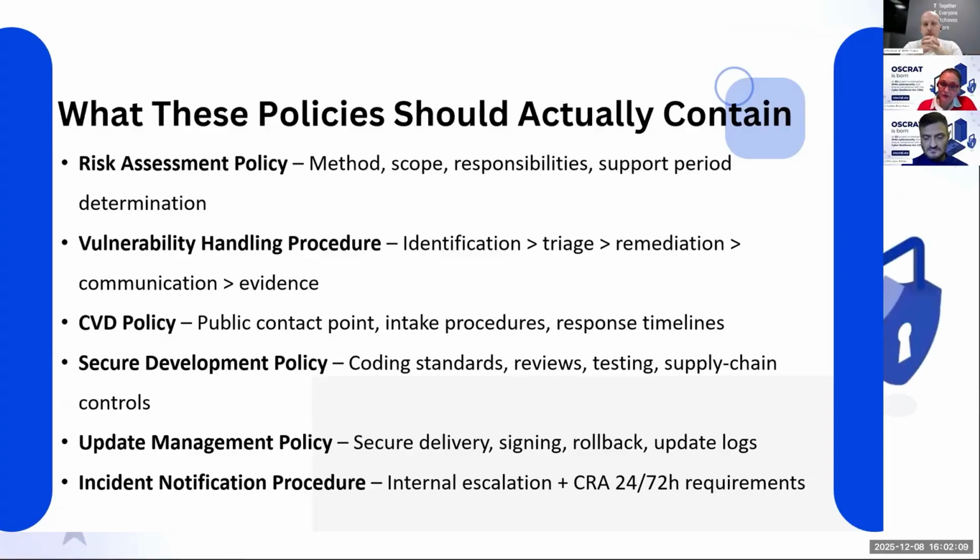An update management policy must contain secure delivery, signing, rollback, update logs, and finally an incident notification procedure. Usually policies turn regulatory obligations into daily operational routines.